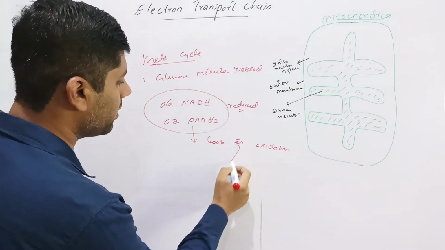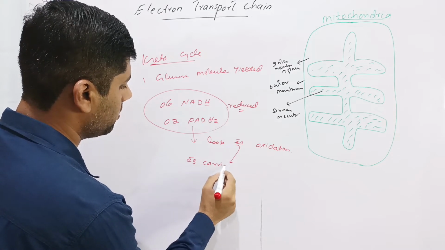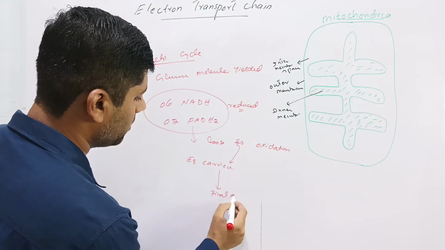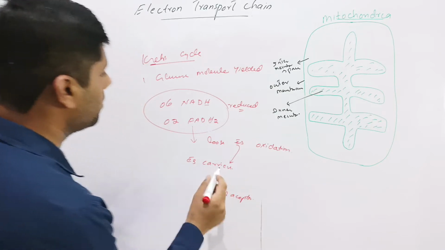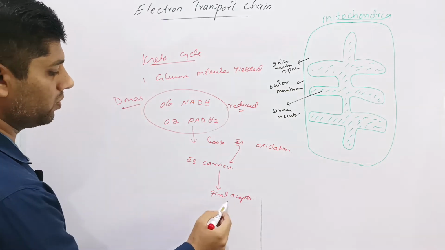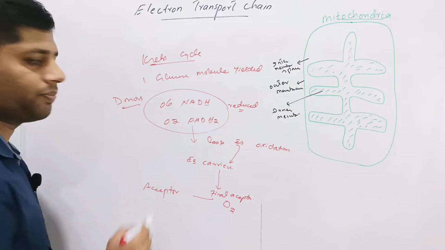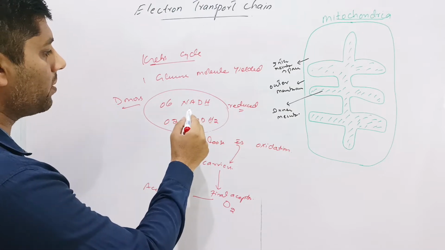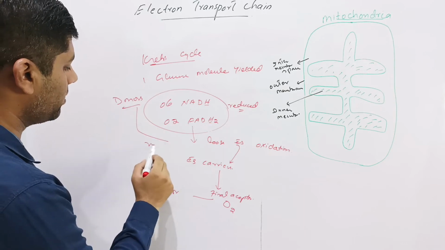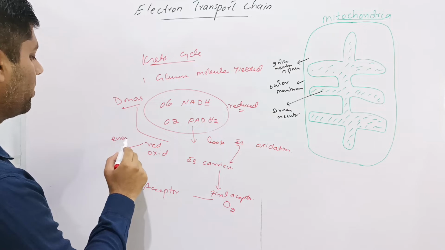These electrons are delivered to the electron carriers, and then to the final acceptor, the oxygen molecule. So these are donors, and the oxygen molecule serves as the acceptor. This is the final acceptor. As the electrons flow from these donors towards the acceptor, at each step the reduction and oxidation reactions take place, releasing a huge amount of energy.